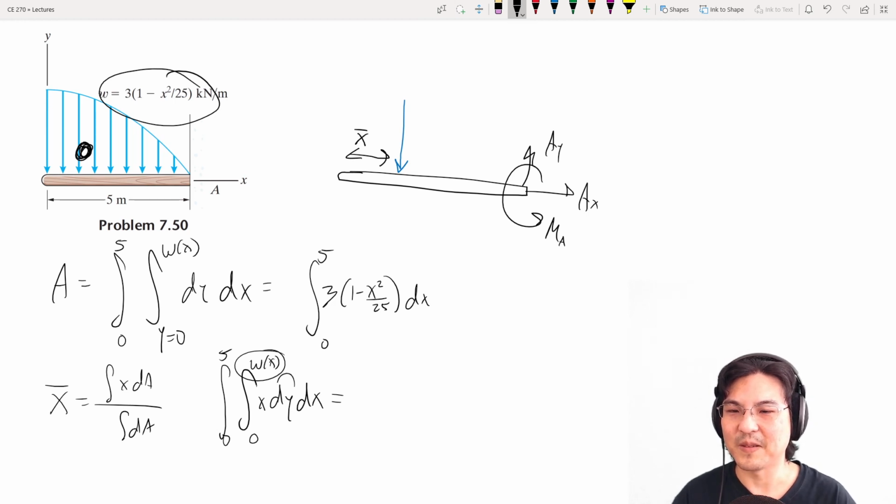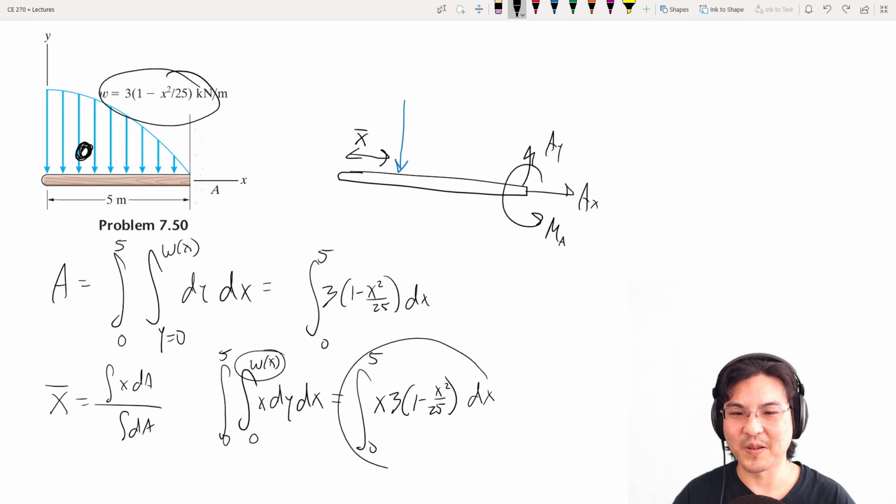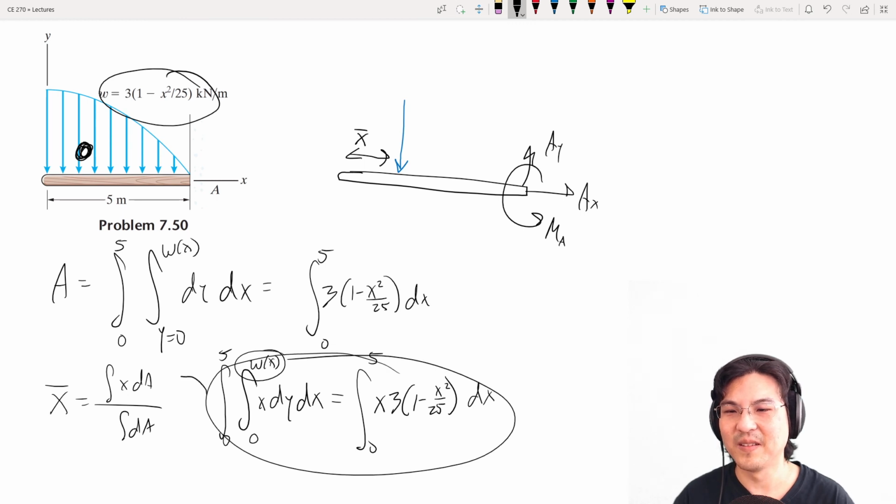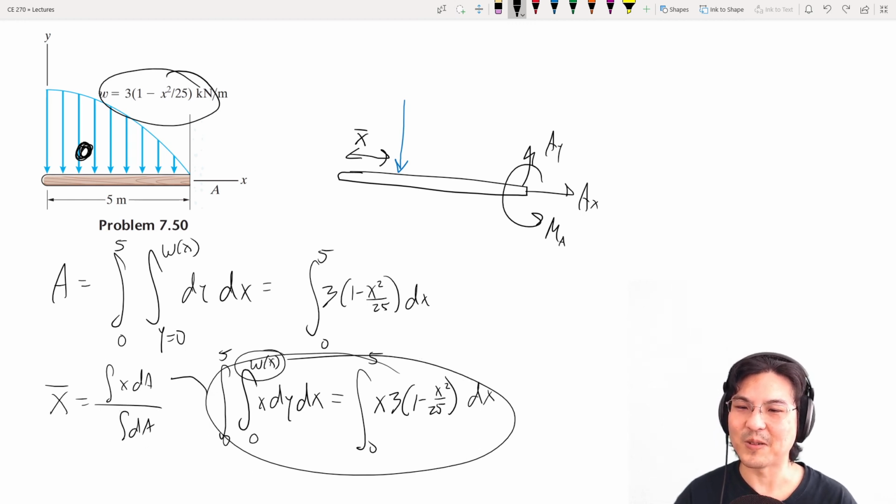Then you integrate dy, which becomes y from 0 to this thing, times another x over here. Then just multiply this x through, and integrate this, and this is the numerator. So you take your answer here, divide by the area, and that's the location of the centroid.